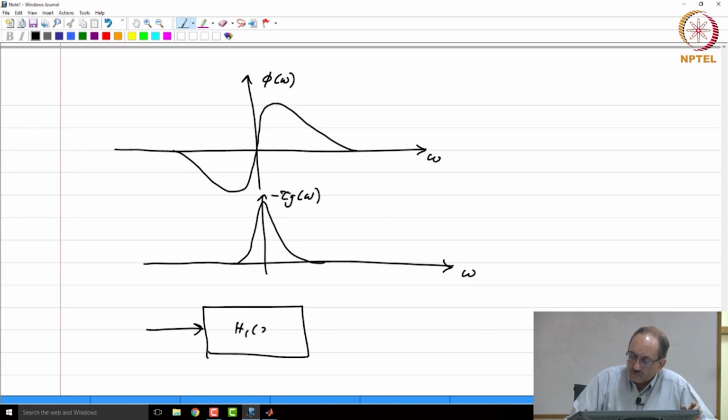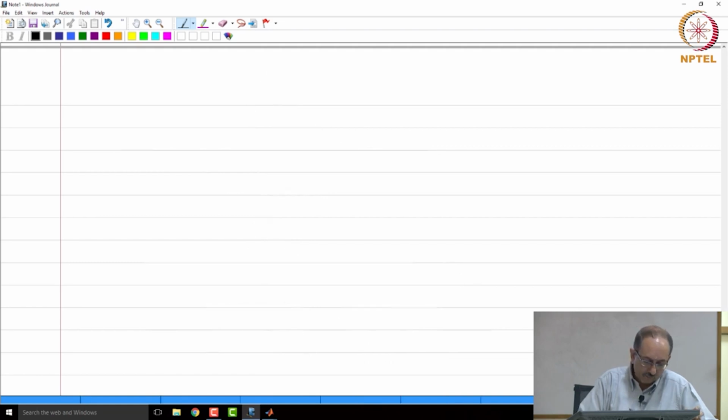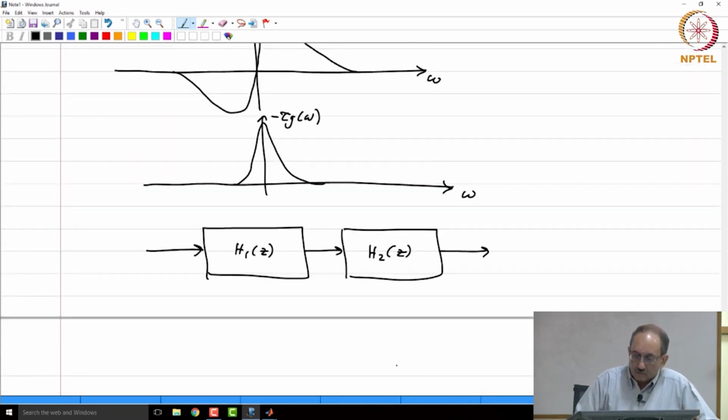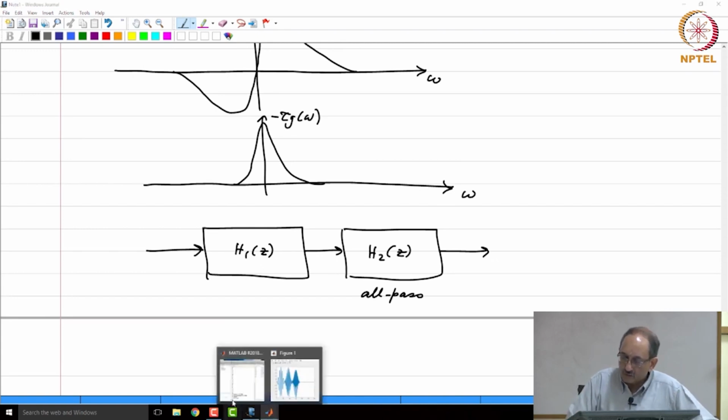So, this is H1 of Z. The second system is H2 of Z. H2 of Z happens to be all pass. So, it cannot change the overall magnitude response, and this has a certain frequency response based on its poles and zeros.